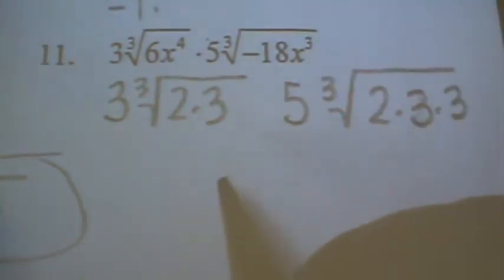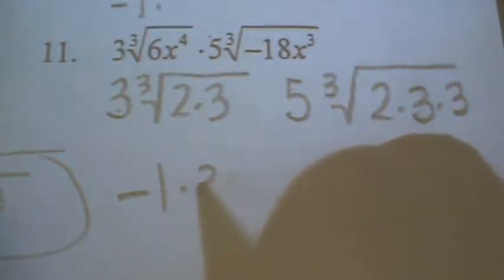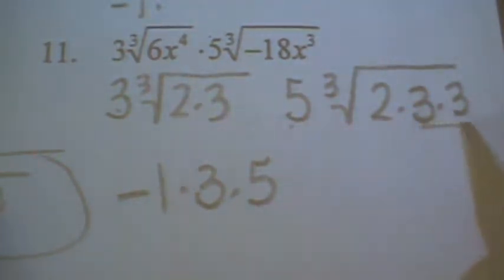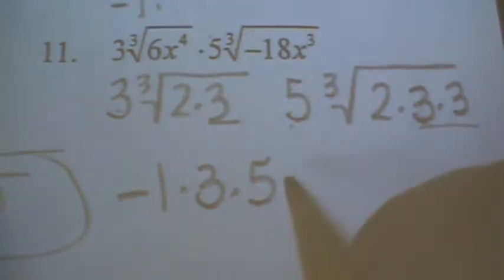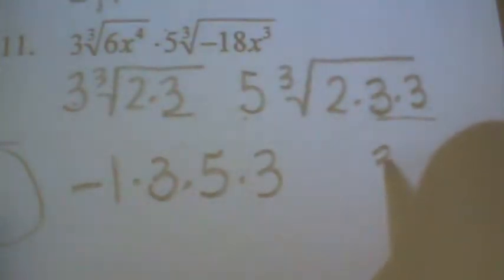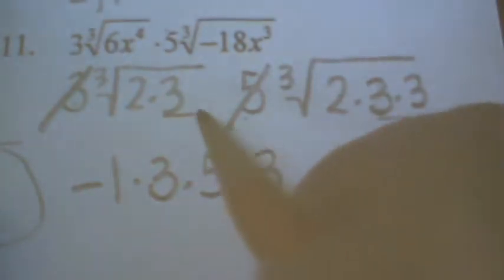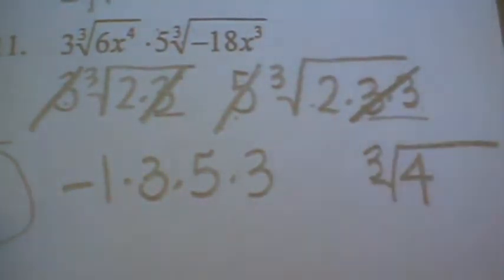So what do we have? We have a negative 1 times 3 times 5. Anything else? Do we have 3 of a kind of anything here? Yeah, it's 3. So we're going to have another 3. So what stays? The 2 stays. We have 2 2's left, which is 4. Now count up my x's.